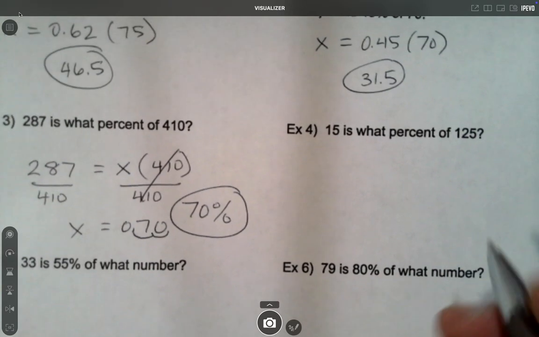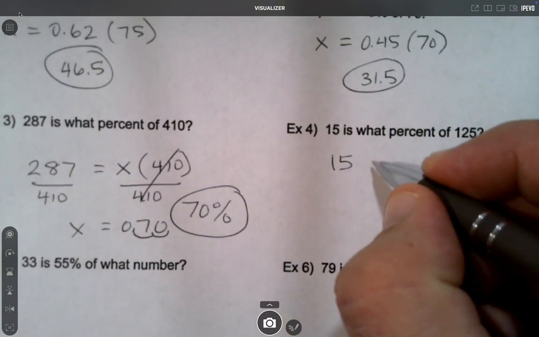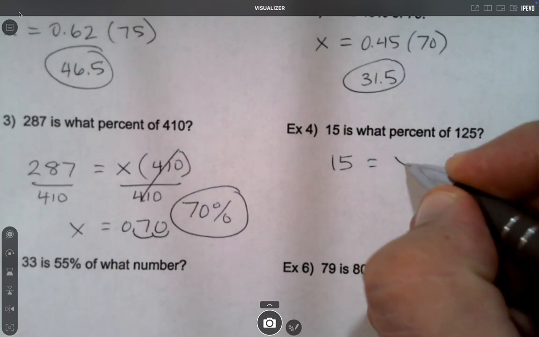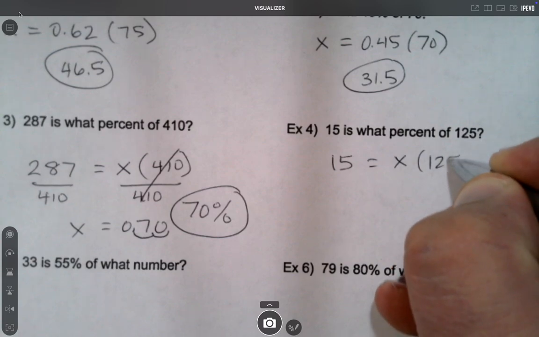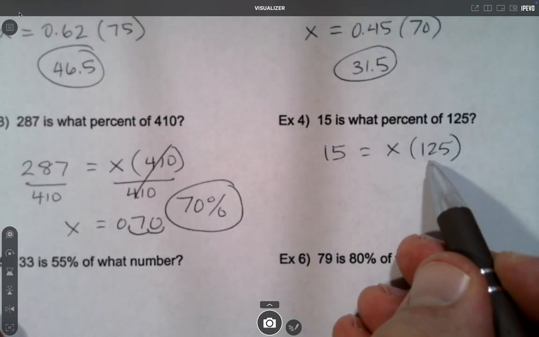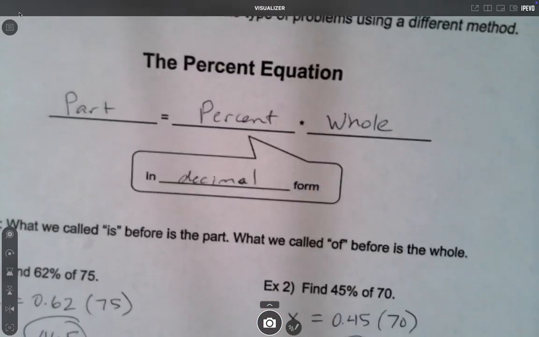Okay, the same will be true in this one. 15 is, that's the part that we put first. What percent of 125? If you'd rather write 125x because the variable usually goes second, that's okay. I'm just keeping it in the exact same order they have it written here.